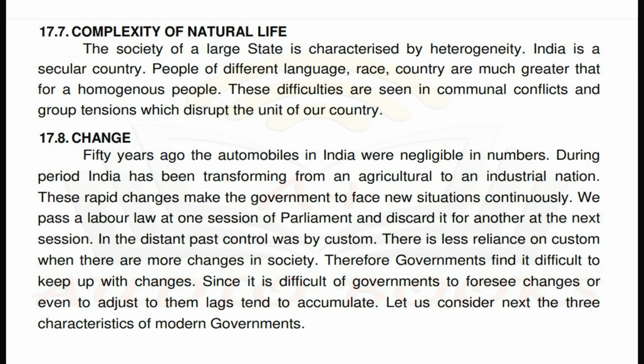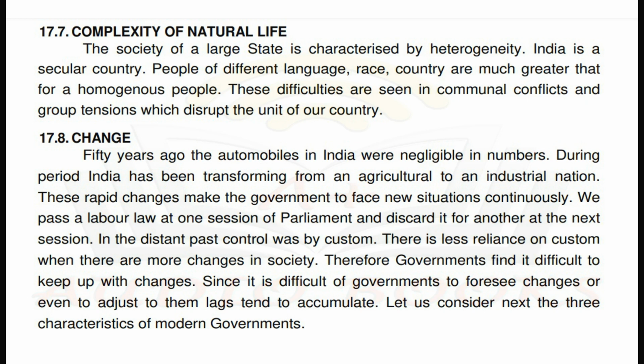Complexity of social life. The society of a large state is characterized by heterogeneity. India is a secular country. People of different language, race, and country are much greater than for a homogeneous people. These difficulties are seen in communal conflicts and group tensions which disrupt the unity of our country.